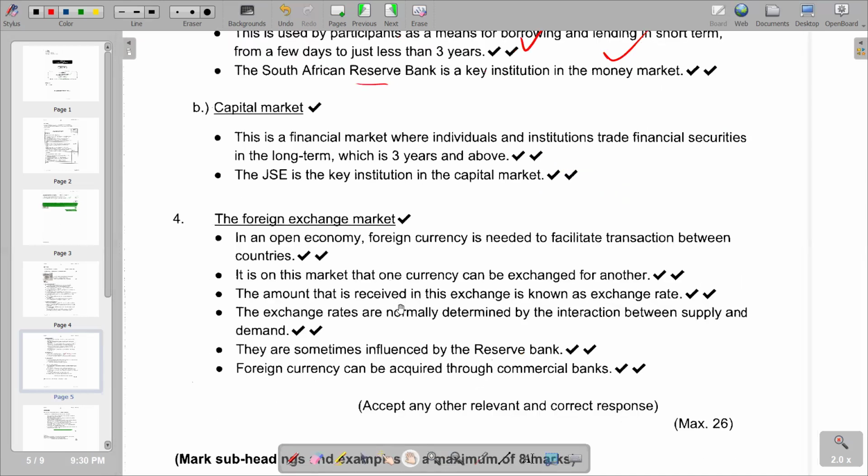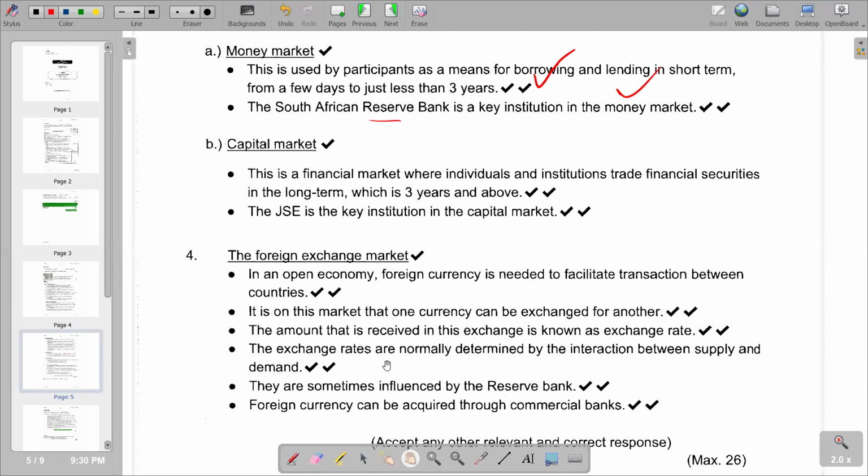Then we go to the foreign exchange market. In an open economy, foreign currency is traded to facilitate transactions between countries. We might also need to understand what we mean by an open economy: an economy which interacts with other economies or countries, and engages in international trade.